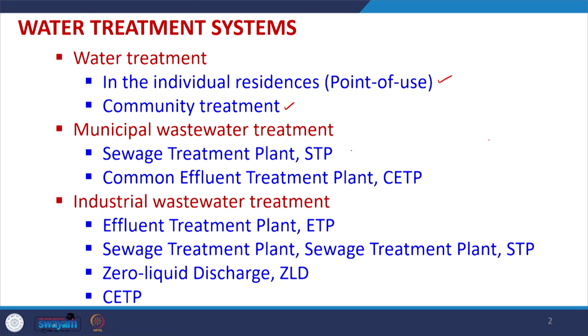Now, once this water is used in our residences, we discharge a lot of water and that water is called municipal wastewater, and this municipal wastewater has to be treated before its discharge into any water bodies or before its reuse, recycle etc. So, there are two types of systems which are used.